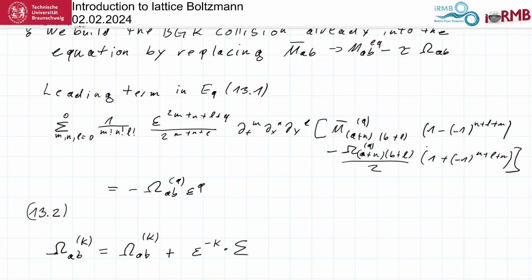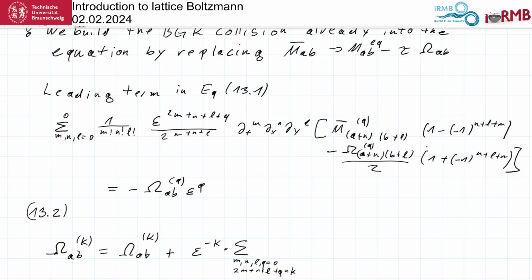with the sum. And now let's be careful on how to write the sums. We have the sum over m, n, l, and q equal to 0, and 2m plus n plus l plus q is equal to k, okay? So I'm not writing an upper bound here.